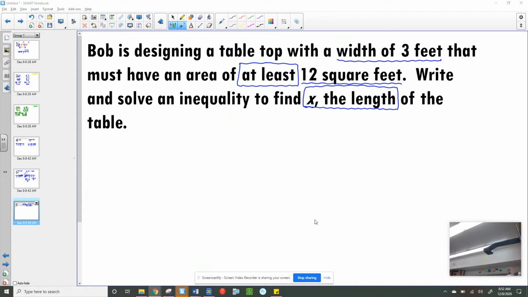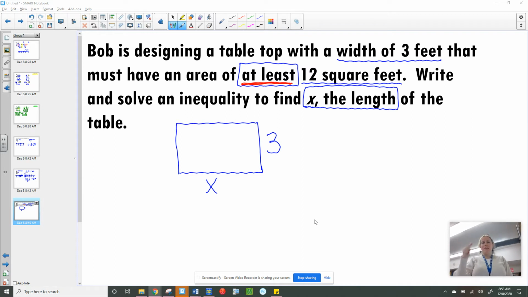So I'm going to draw a picture of Bob's table. So it has a width of 3, a length of x. And if I want my area to be at least 12, that means 12 is the smallest it can be. It needs to be 12 or more.